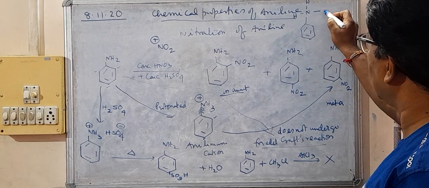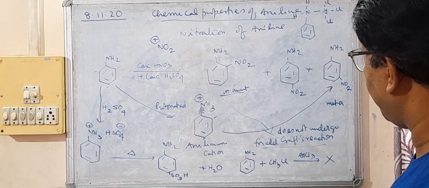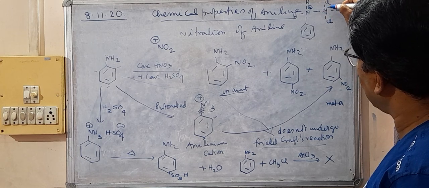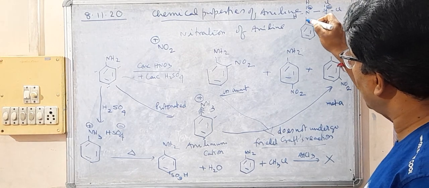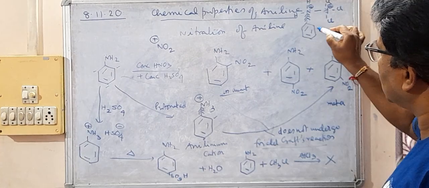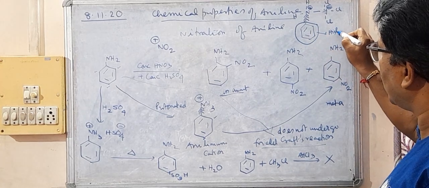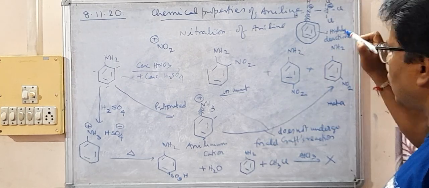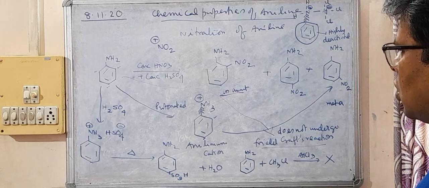With the help of this lone pair, Al, Cl, Cl, Cl, and after the formation of bond, this N will become plus, this Al will become minus, and since salt is formed, it will act as an electron withdrawing group, and this ring will become highly deactivated, and the electrophilic substitution reaction therefore does not take place.